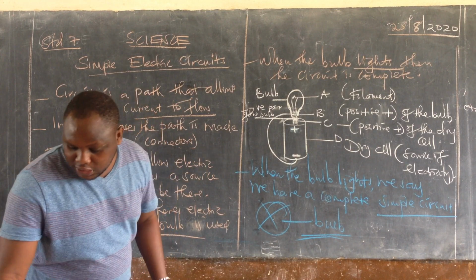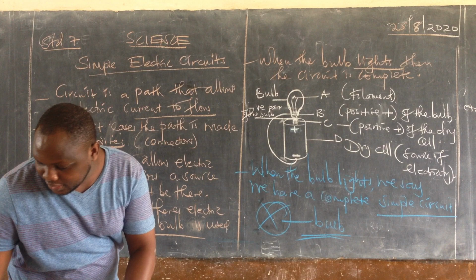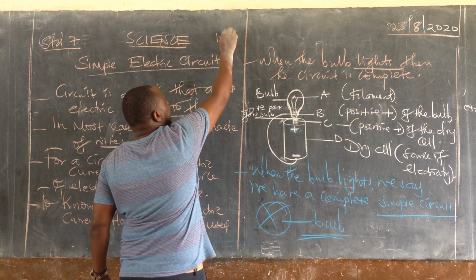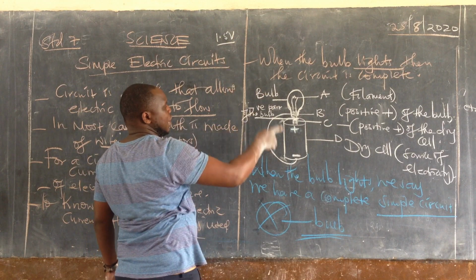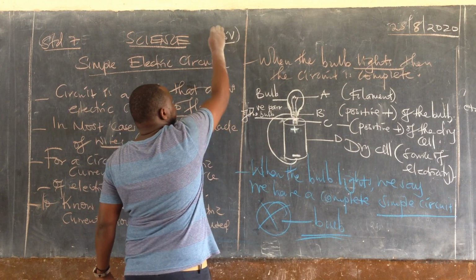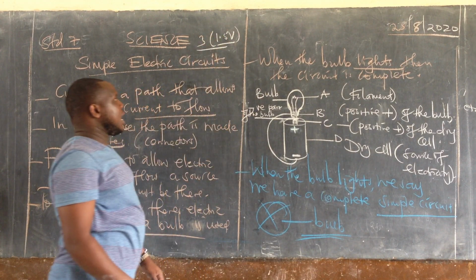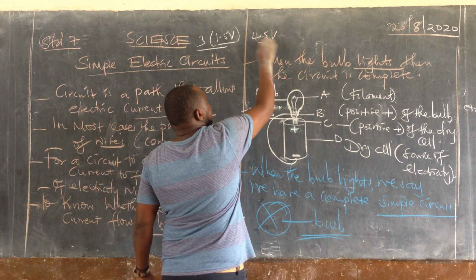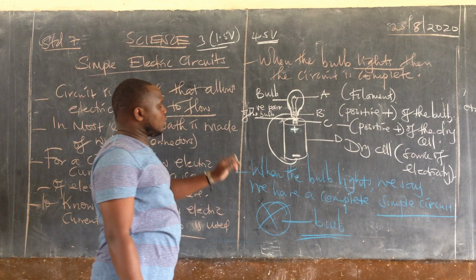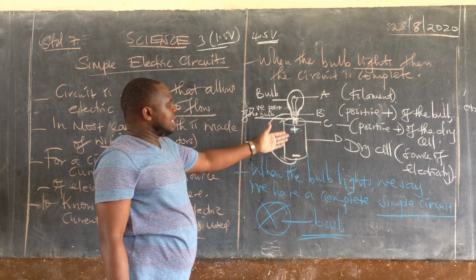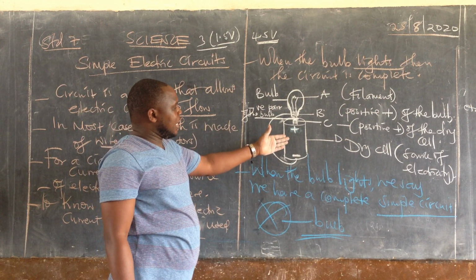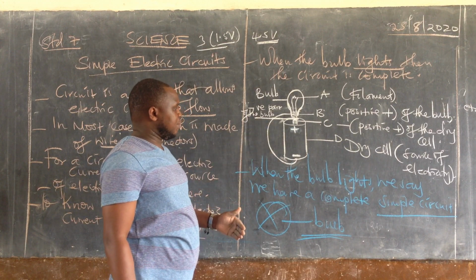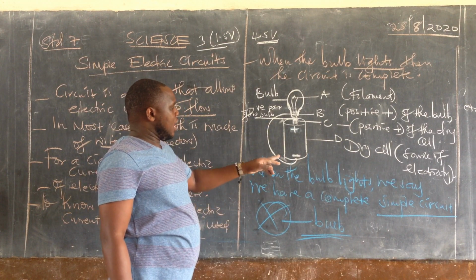What we mean by voltage is that one dry cell has a voltage of 1.5 volts. So if you have maybe 3 dry cells, you multiply this by 3, and you realize that this is 4.5 volts. But depending on the type of arrangement, there is a series and a parallel arrangement.